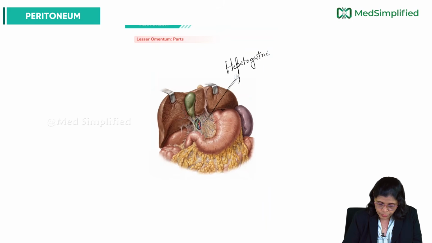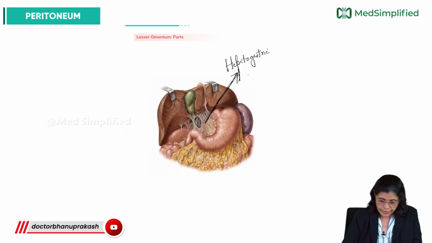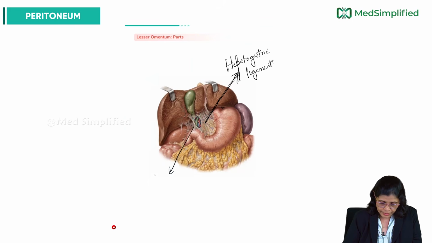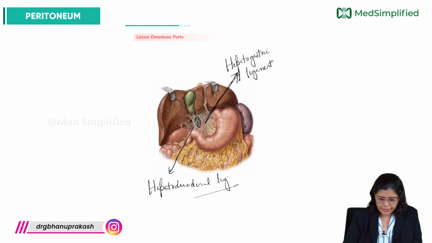Okay, so this portion we call it as the hepatogastric ligament. And the part between the duodenum here, okay, duodenum and the liver, we call it as the hepatoduodenal ligament. So both of these are the parts of the lesser omentum based on its attachment and to which organ it is attached.